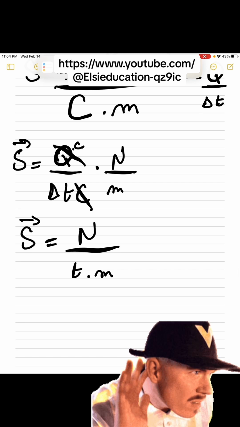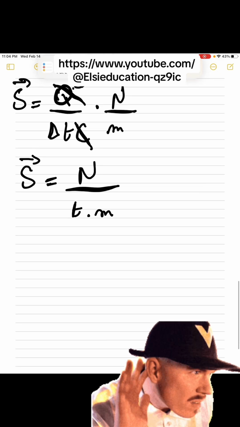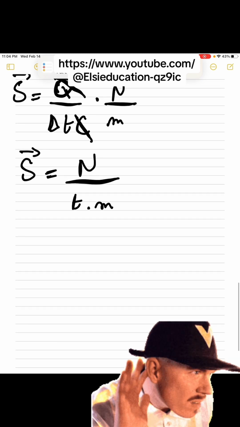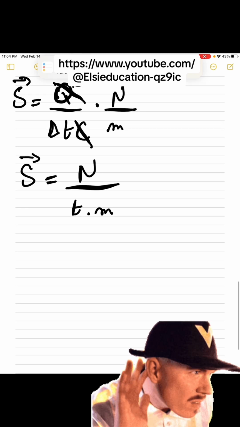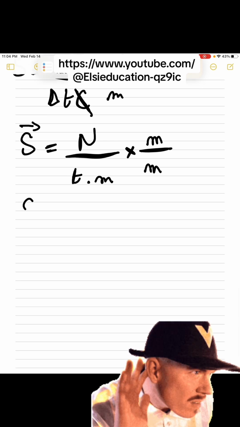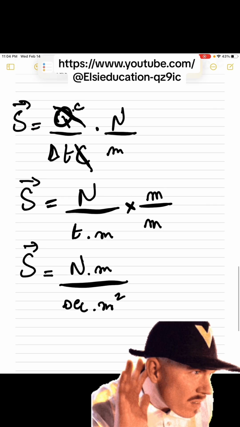And if we take the Poynting vector average, we can multiply this by meter on both sides. So the Poynting vector will be equal to Newton meter divided by second meter square.